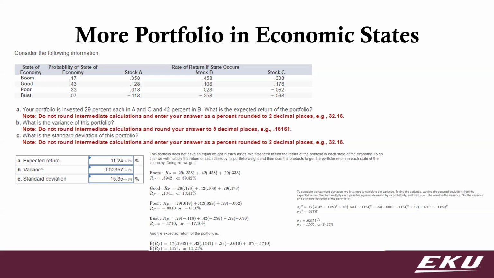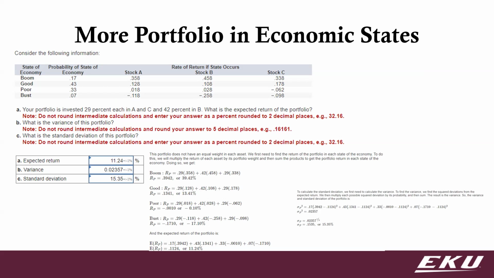And then what we have to do is say, okay, I know what the expected return of the portfolio is, but what was my actual return for each of those states? So we have the boom, and its expected return, goods return, poor's return, bust return, right? And we're going to compare each of those to that 11.24%.